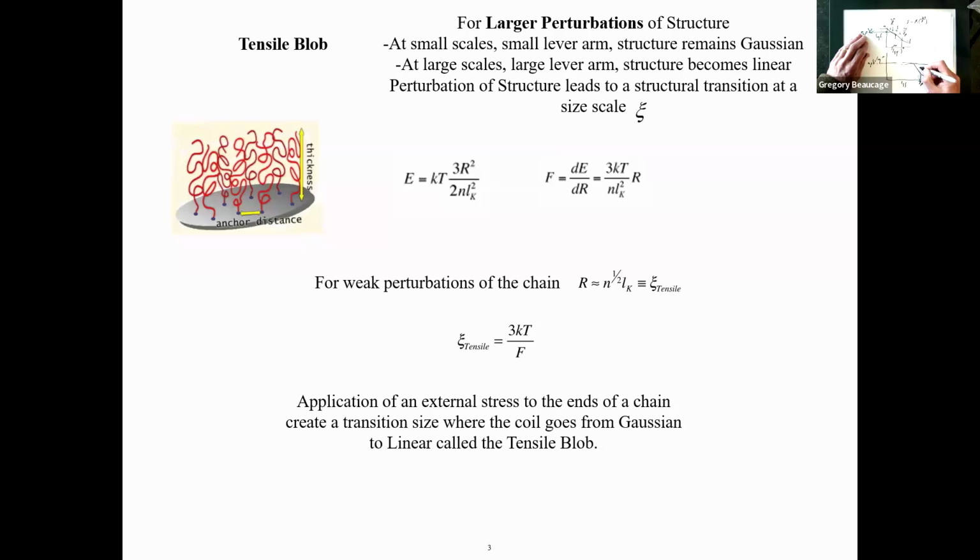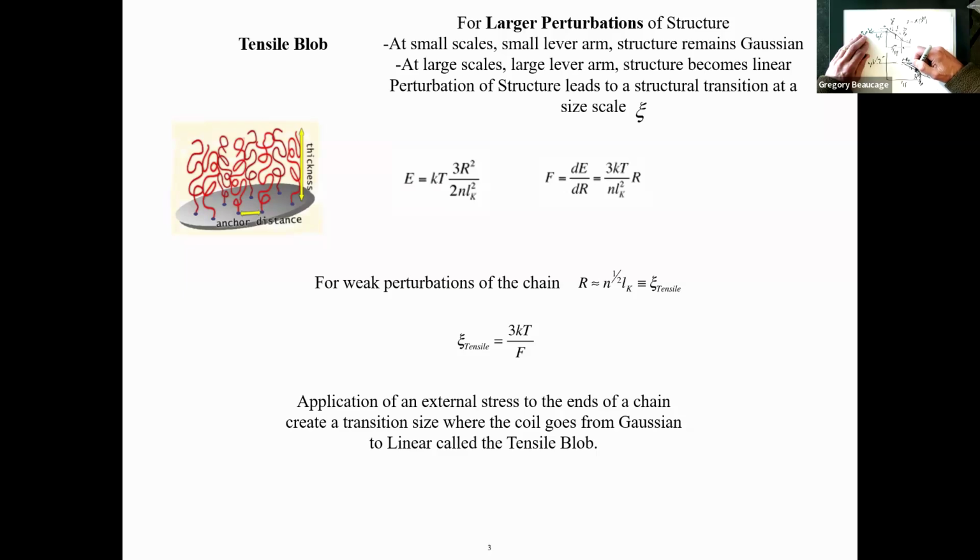Think about the -2 part, and that's your original R. If you're going to make it get longer, this introduces a -1 here, and that becomes a blob size, the tensile blob size, and your new R is there. That's R under some force F, and this guy's a function of F. So the more you pull it, this will go down, and this guy moves over.